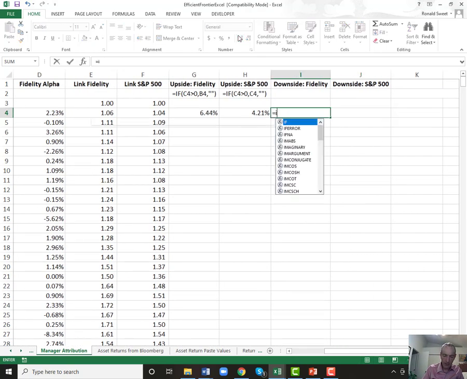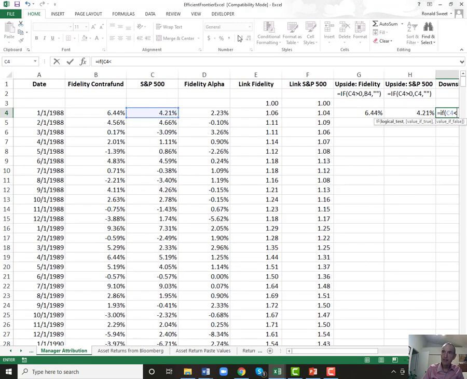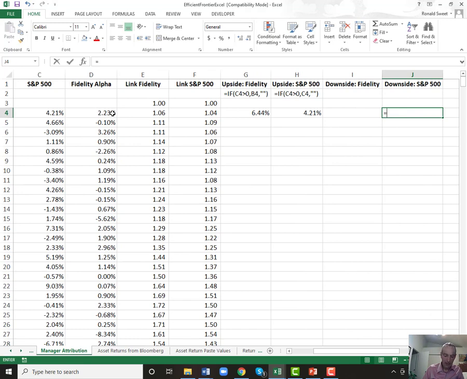We'll say equal if the S&P 500 is less than 0, then give me the Fidelity Fund. Otherwise, give me nothing. And then same thing on the S&P. If the S&P 500 is less than 0, give me the S&P 500, otherwise give me nothing.